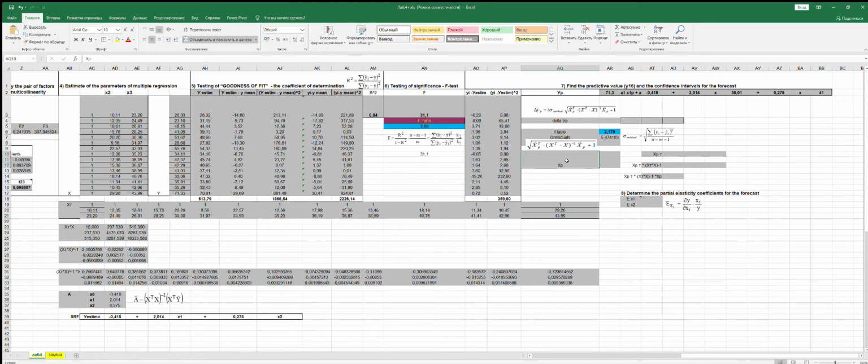To find this expression, first of all we need the matrix of predicted values of x. Again, remember that we have two independent variables in our model, x1 and x2, and we need to put these values into this matrix.